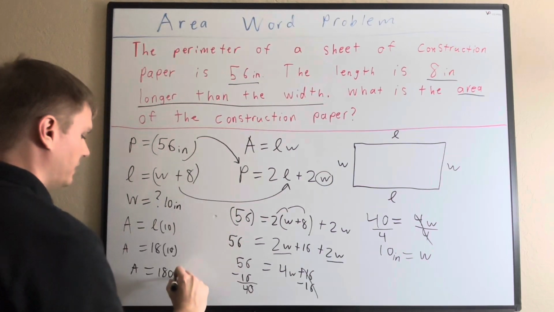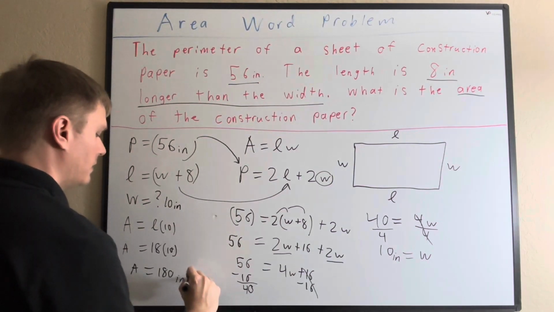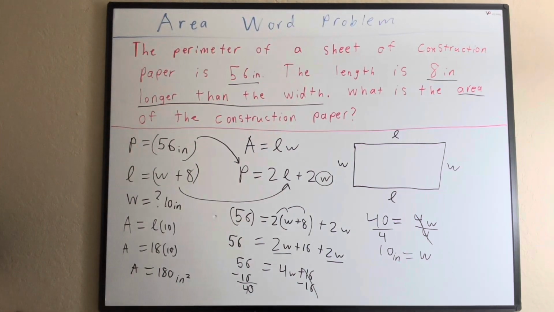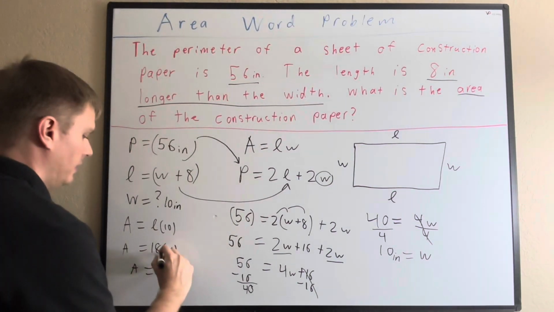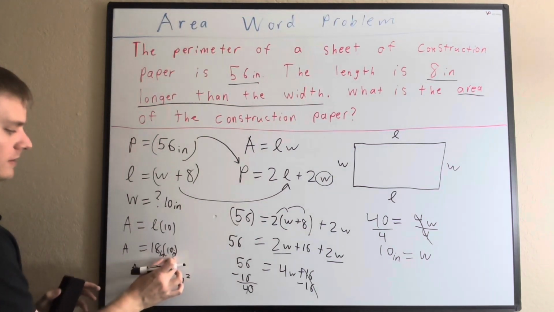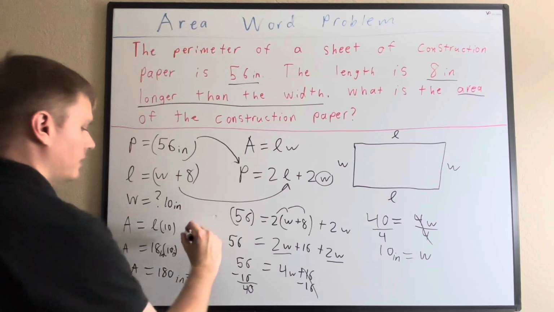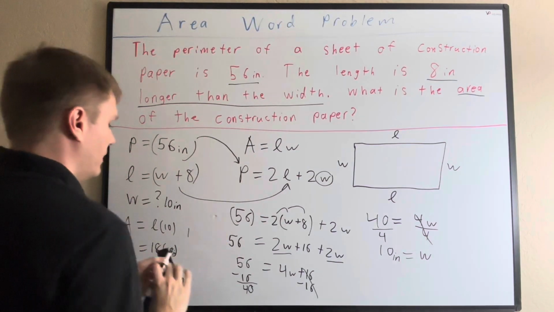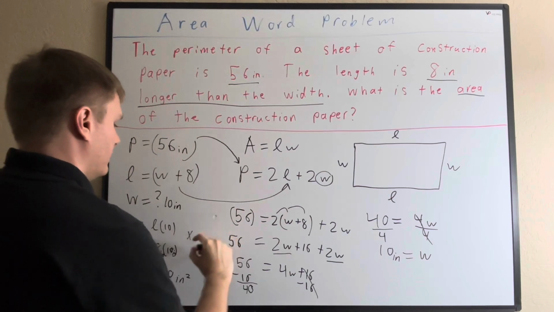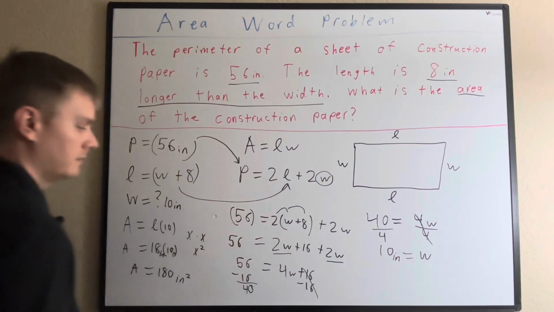Now, don't forget your units. Area is in inches squared because you're multiplying 18 inches times 10 inches. So inches times inches would be inches squared, just like if you were multiplying x times x, you would get x squared.